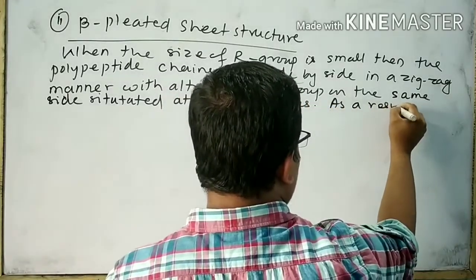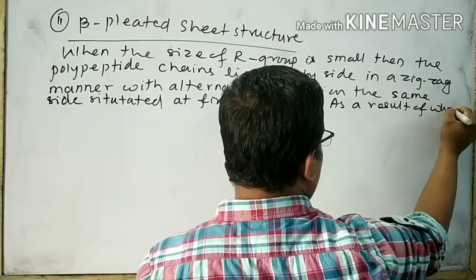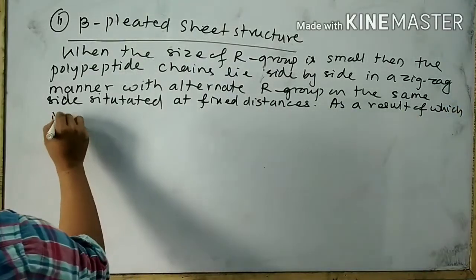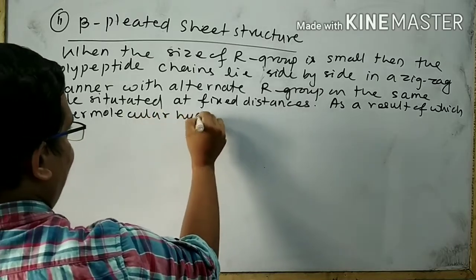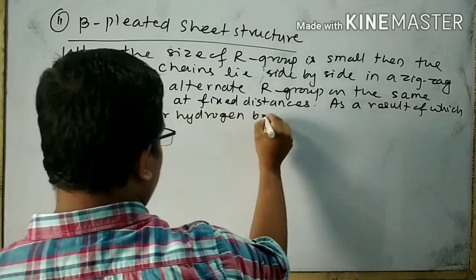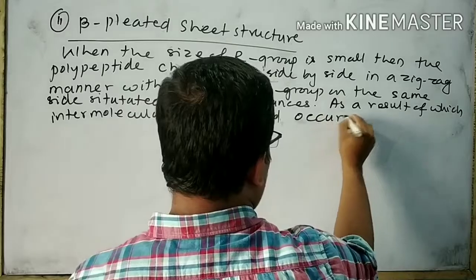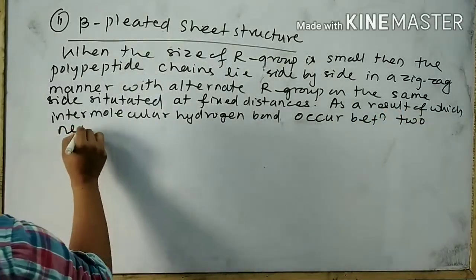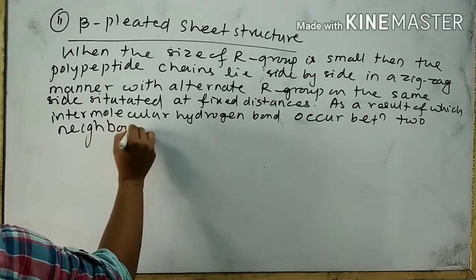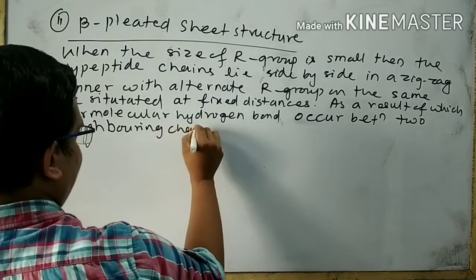As a result, intermolecular hydrogen bonds occur between two neighboring chains.